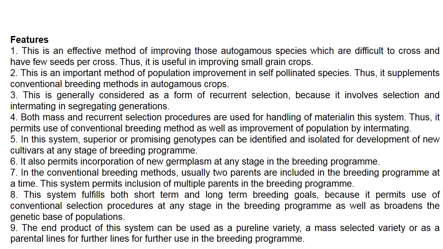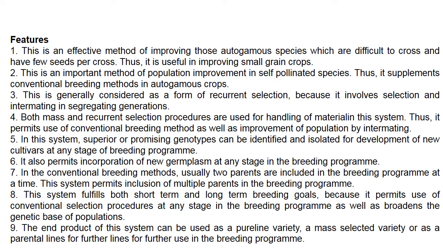The features of diallel selective mating. It is an effective method of improving those autogamous species which are difficult to cross and have few seeds per cross. Thus, it is useful in improving small grain crops. This is an important method in self-pollinated species, thus supplements conventional breeding methods in autogamous crops.